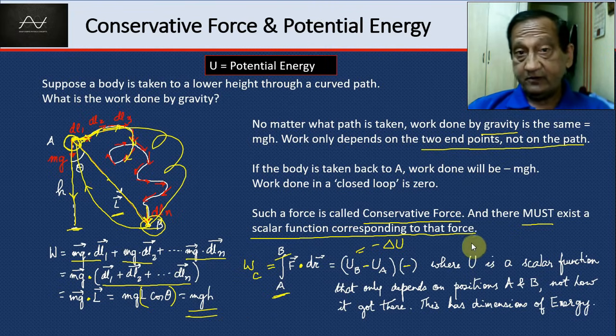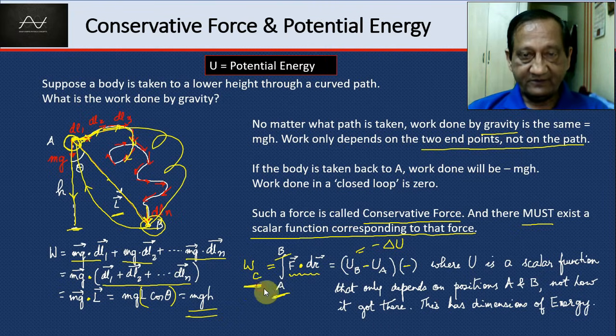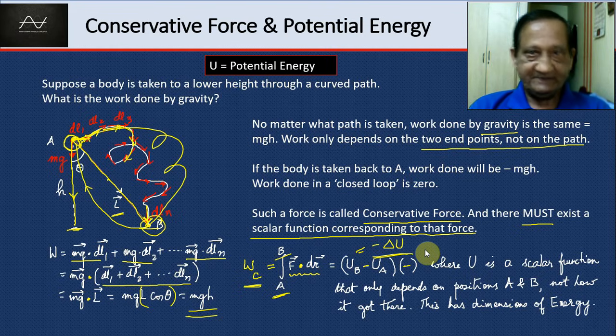With every conservative force, we can associate a scalar function corresponding to that force, and its unit, since F dot dr means work, is energy. And this energy we call potential energy. The work done by the conservative force results in a change in potential energy, and it is minus delta U. Now we can relate this to the work energy theorem.